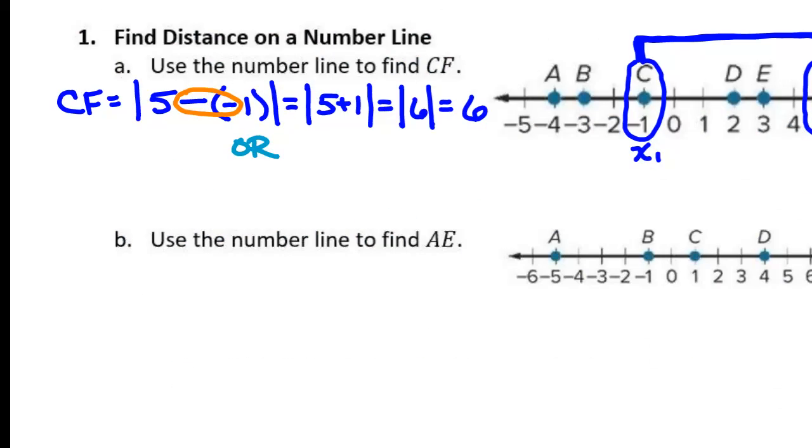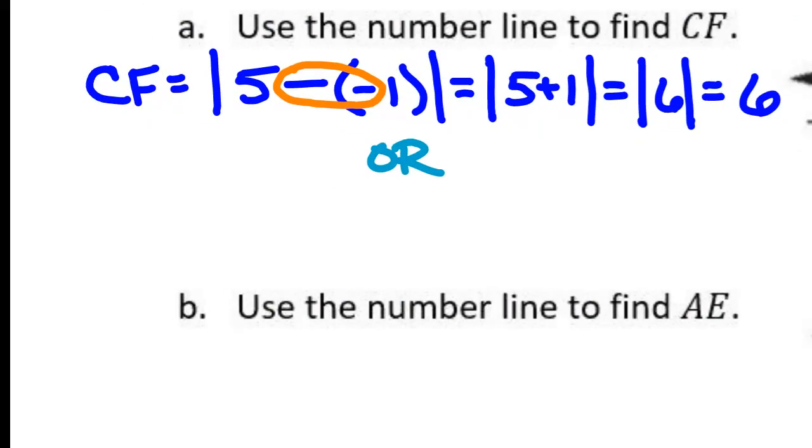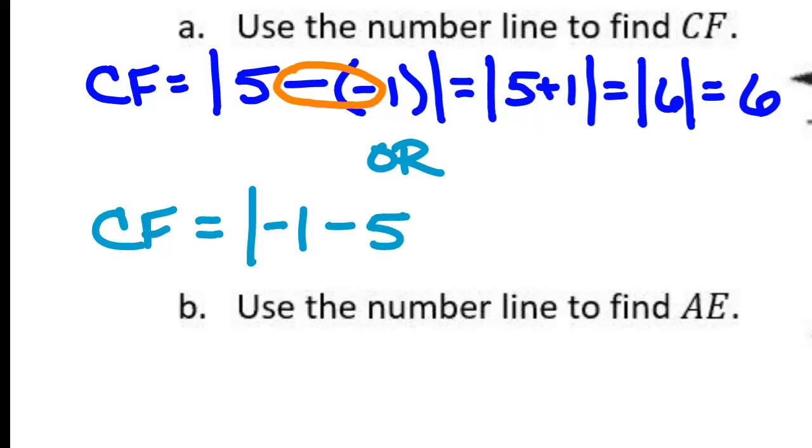Or, remember, it doesn't matter which order we put our x's in, our x1 and x2. So let's try it the other way around. I could do -1 minus 5, switching my two numbers around. It still gets subtraction in between.